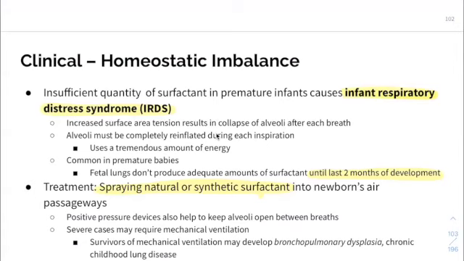Sometimes, unfortunately, some babies may need mechanical ventilation, but mechanical ventilation can cause bronchopulmonary dysplasia, which is a chronic lung disease in children. And that's the last thing that people want. That's why we try to use some kind of natural or synthetic surfactant in premature babies so they can breathe normally.